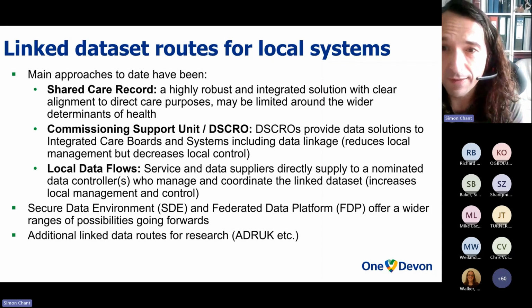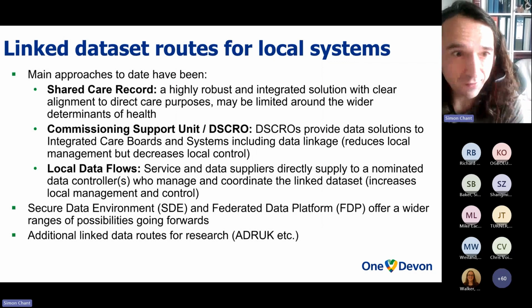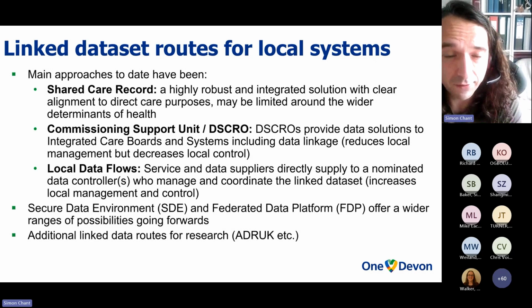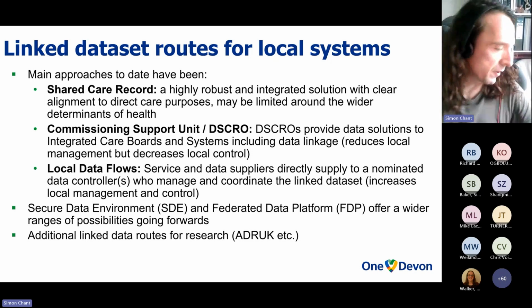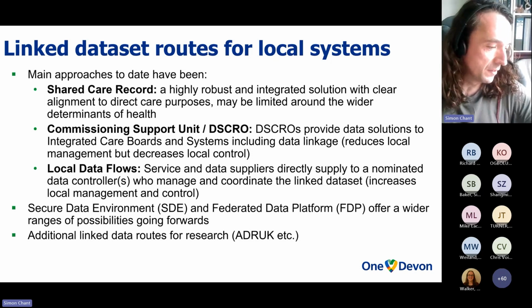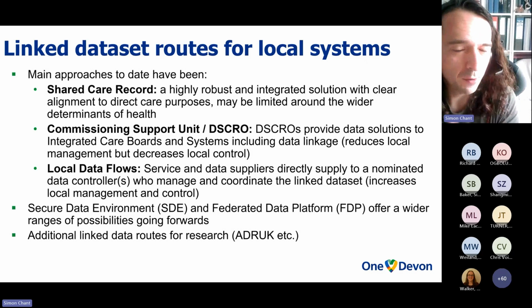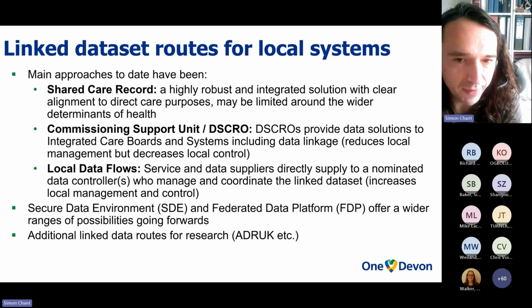This is a highly robust and integrated way of doing this, and it's clearly aligned to direct care purposes as well, but it can sometimes be limited around the wider determinants of health and those other wider factors, as its base is the care record. So that's worth bearing in mind.